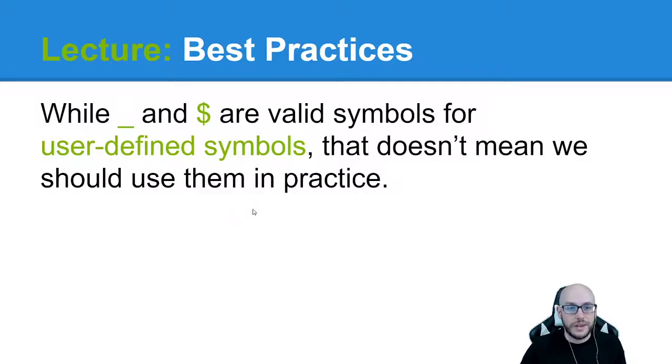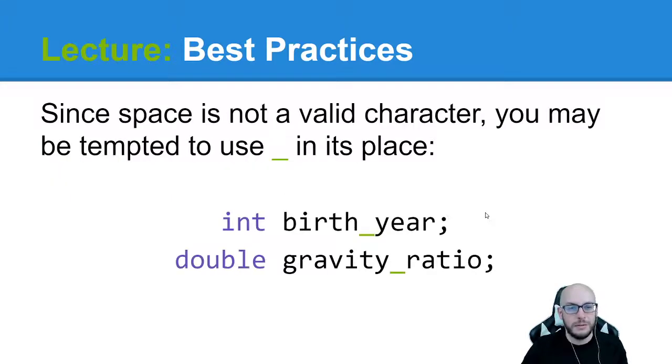It's possible that the organization you're coding through is giving you stylistic guidelines, saying things like, yeah, we like underscores in our user-defined symbols, or yeah, we like dollar signs in our user-defined symbols. But usually it varies from programming language to programming language. In the case of Java, we usually avoid these things. Underscore and dollar sign, while they are valid, tend not to be best practice. We'll talk about best practice here.